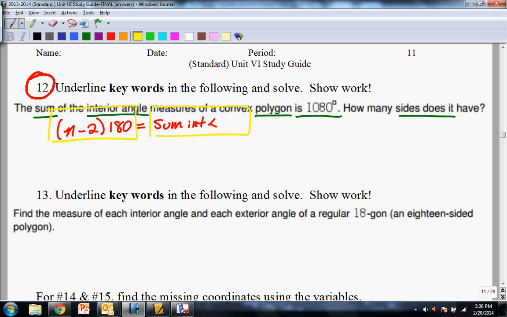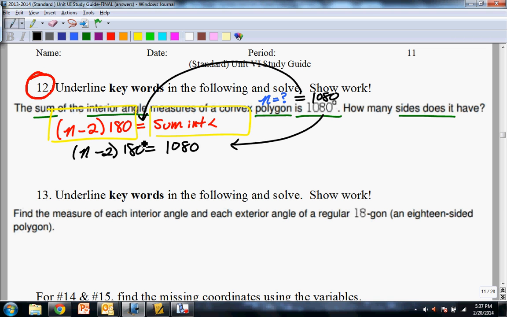That's really important. You always put both sides with an equal sign. It says it's a polygon. That's a hint. You don't know the n. It is 1080. Remember, that is an equal sign. That's this equal sign right here. So we're going to plug 1080 here. And we have n minus 2 times 180.